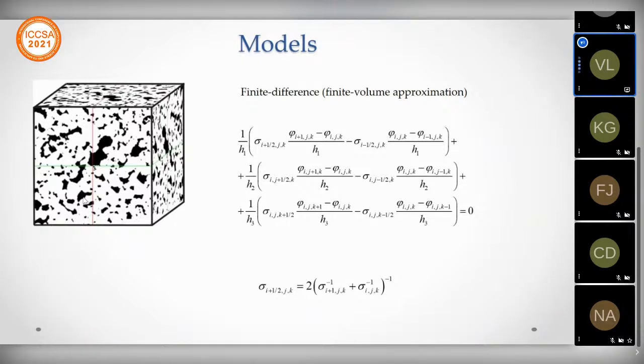If we're talking about the Poisson equation and, for instance, solving for electric potential, we can apply just the simplest finite difference approximation, because the resolution is already extremely fine, and we don't need to increase the order of approximation or whatsoever. That's another feature of digital rock physics.